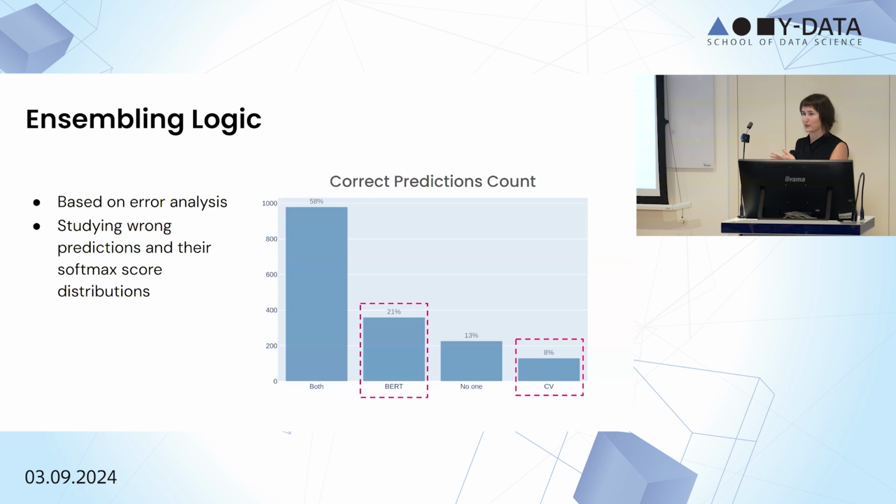There were cases when both models gave the same answer, which is perfect. And then there were cases when both models made a mistake, which also happens. But then there were also cases when one model gave a correct answer and the other model made a mistake. So I analyzed these cases and I looked at the distribution of the softmax scores in these cases.